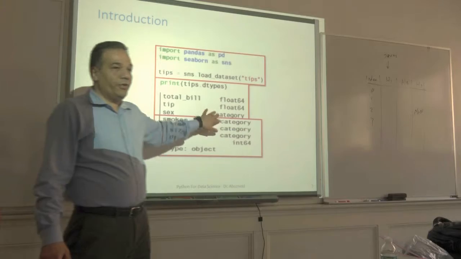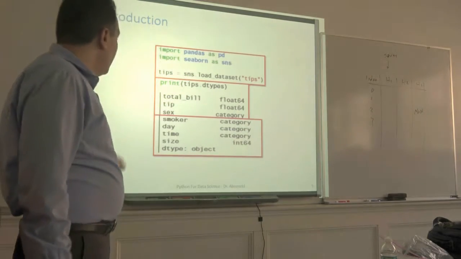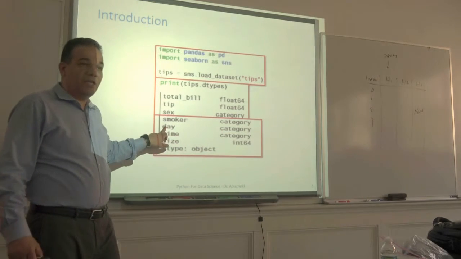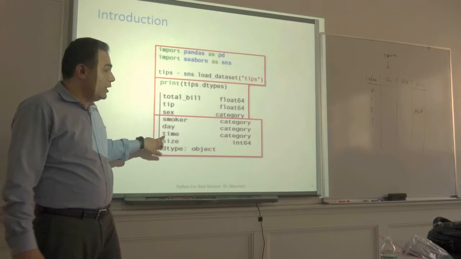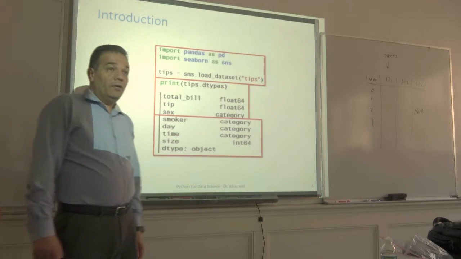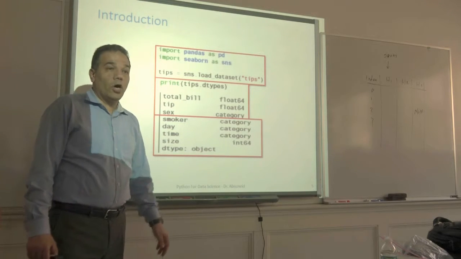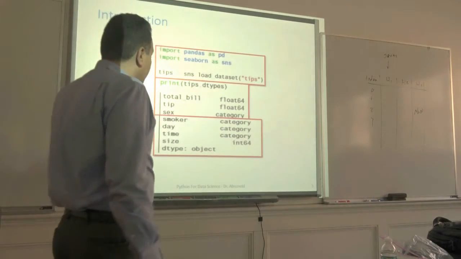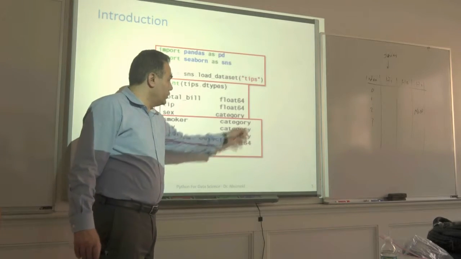Sex is a category, which is like a string. Smoker is another category. Day is a category, because the days will be Monday, Tuesday, Wednesday, Thursday. It's not numeric. And time will be a category. Later on, we will see how to convert time from category, or object, or text to a datetime object. And size is integer 64. By the way, 64 is the size of the number in bits.